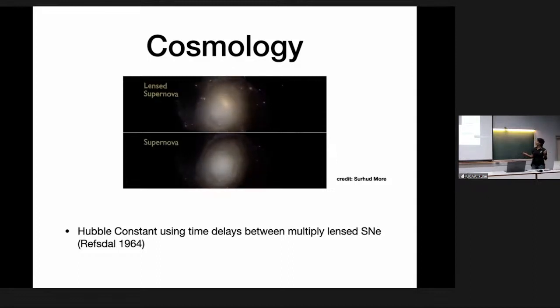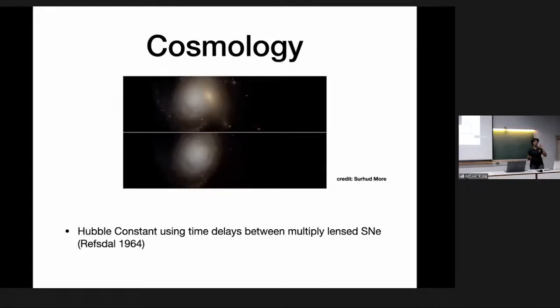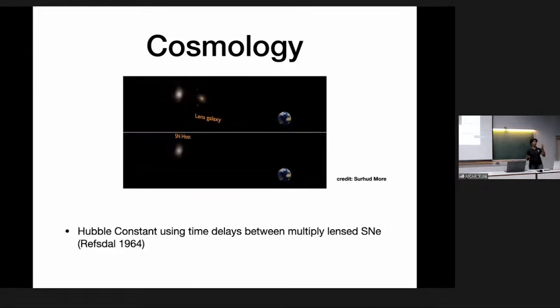Suppose that source is sufficiently well aligned with us, the observer. Then the supernova will also be strongly lensed, and you will see multiple images of this supernova, right? And because it's a transient source, we can measure the time delays in these systems.